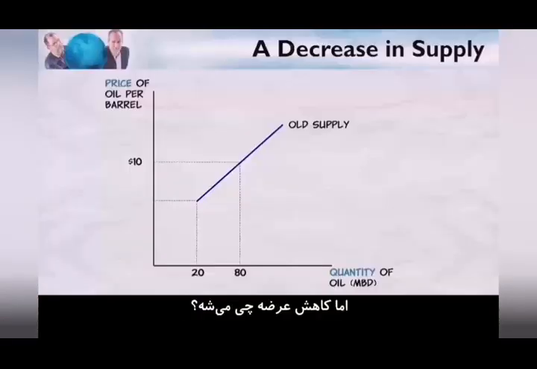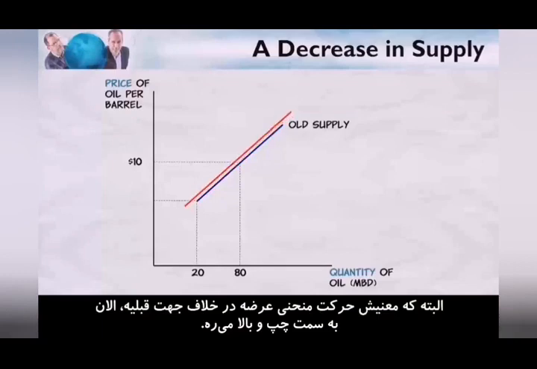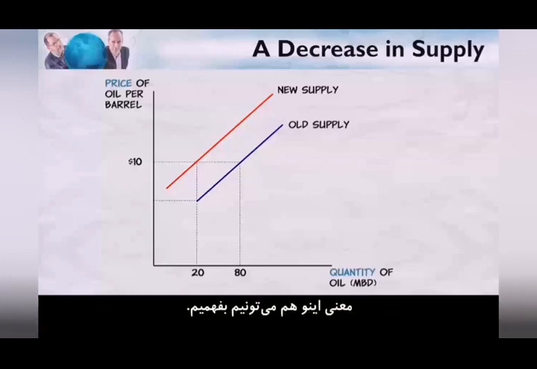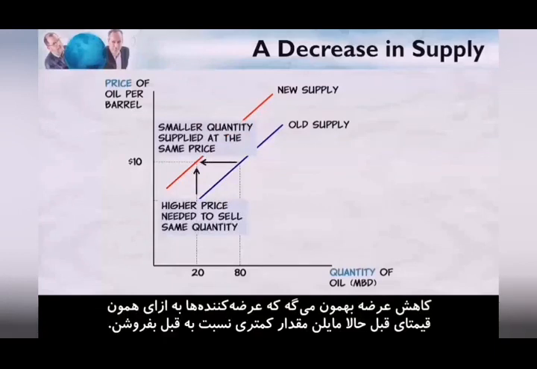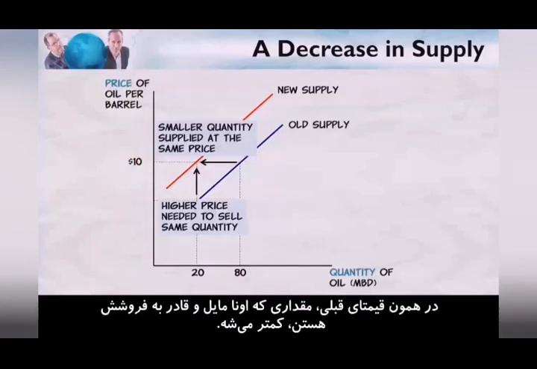What about a decrease in supply? That, of course, is just moving the supply curve in the opposite direction, to the left and up. Again, we can understand what this means. With the decrease in supply, suppliers, at the same price, are now willing to sell a smaller quantity than they were before. At the same price, the quantity that they are willing and able to sell is going down.